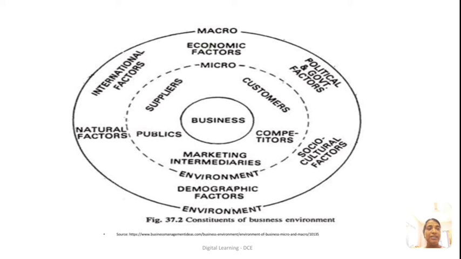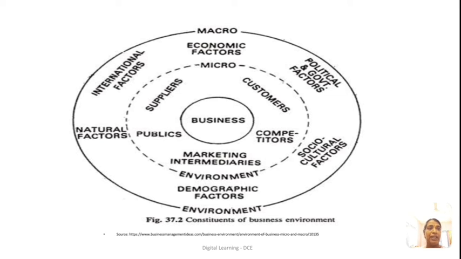So business is impacted by the immediate environment, and the components of immediate environment will affect a particular firm. Therefore, the firm has to maintain good relationship with all these actors. The last circle, you can find that it is a macro environment.